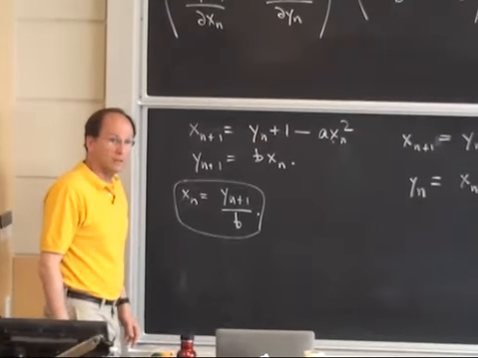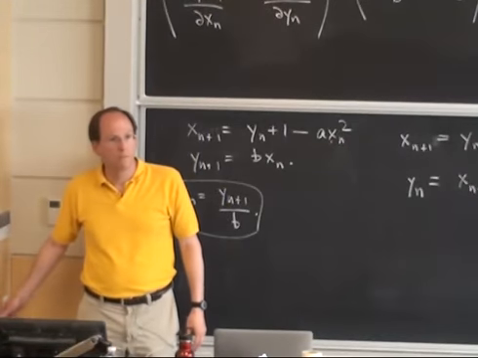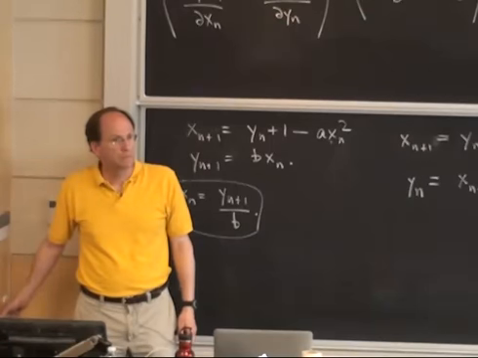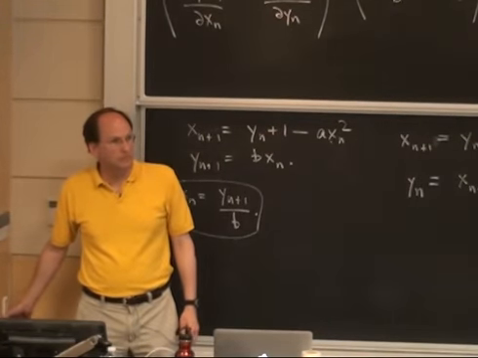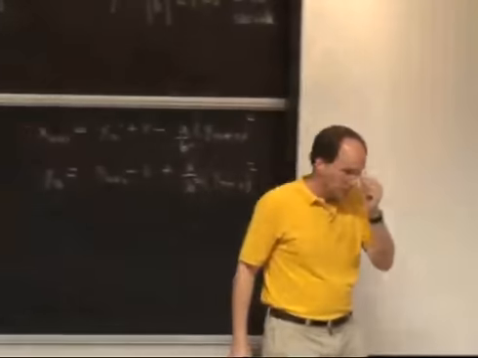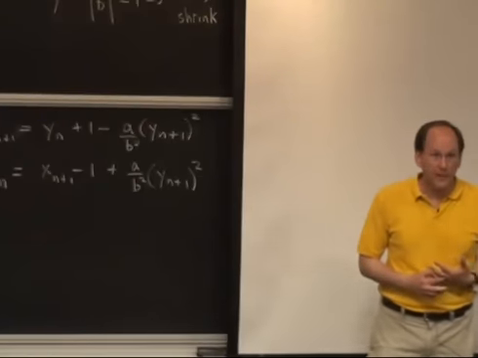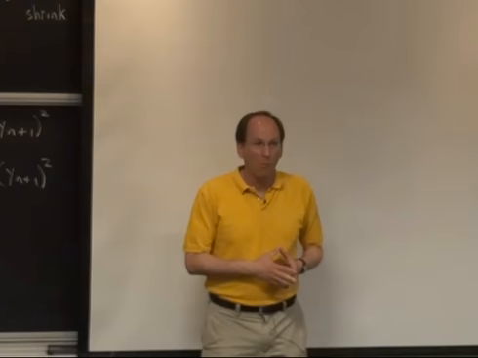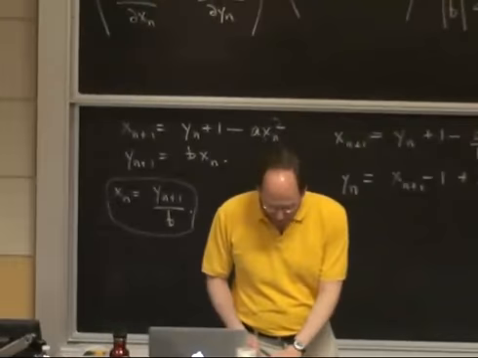Yes? Your question is, how small does B have to be to produce chaos? Yeah. You would think maybe any B less than 1 should be enough. Yeah, I agree. It isn't clear how far down you need to go.